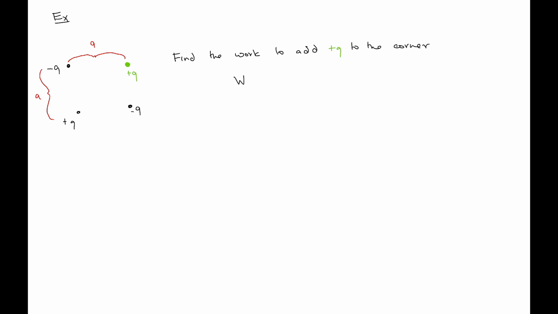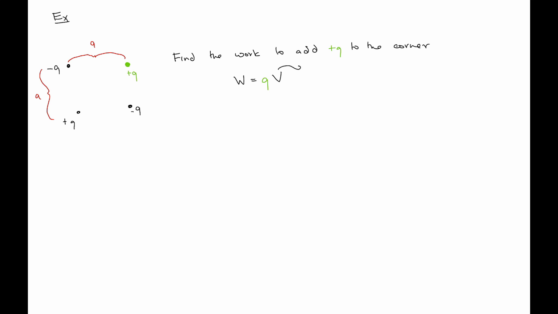All right, so to calculate the work, I'm going to take that Q, and let me make that clear. That's our Q that we're moving. Okay. And I'm going to multiply it by the potential of all the other charges. Okay.